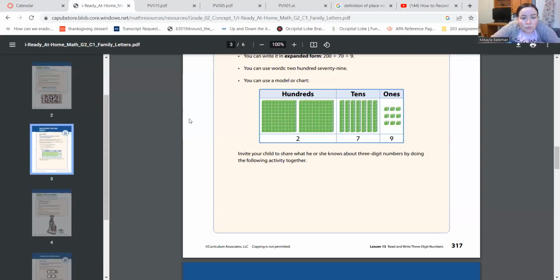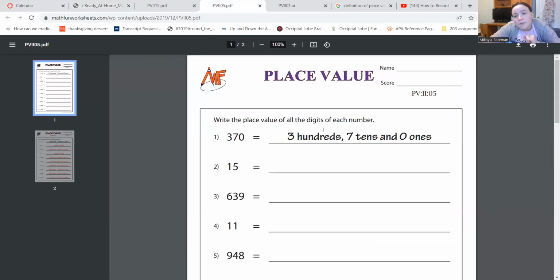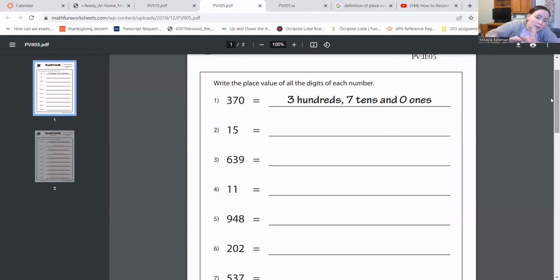So real quickly, we have 3 homework worksheets we want to do. I know it's a lot, but it's going to be a way for you to do all 3 examples in one. So first we are going to share my screen, and we'll look at this one first. This one's going to be place value, which means you're going to write the place values of all the digits of each number.